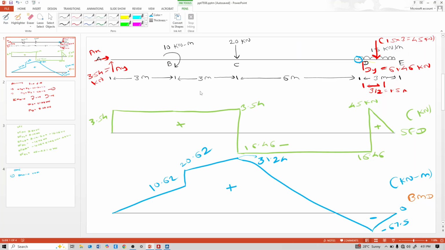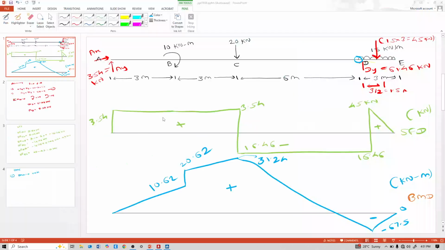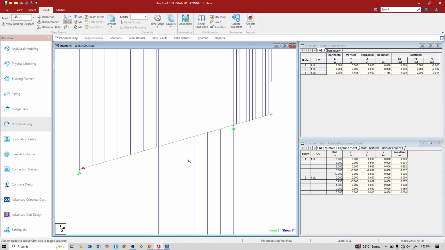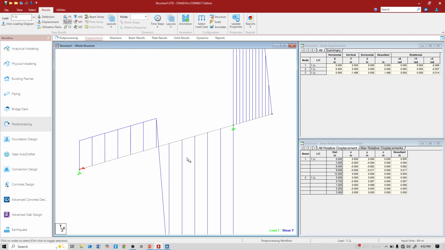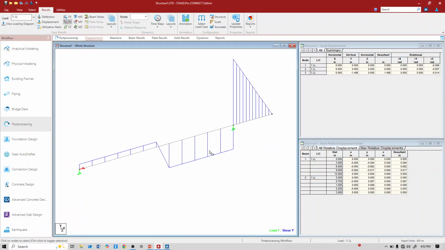This beam deflects like this. Here see hogging moment and here sagging. And see shear force diagram. See, this shear force diagram is also similar.